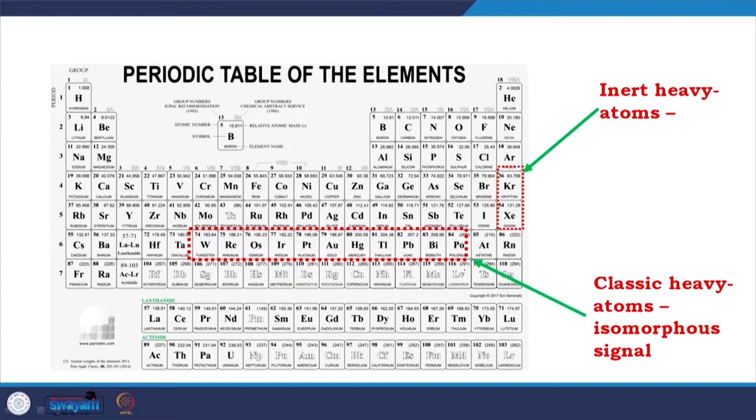So, you could easily see that these are much higher in electron number in comparison to carbon, nitrogen, oxygen, which are present in a normal protein. I add phosphorus and sulfur also, because as we know, sulfur is present in cysteine and methionine, and phosphorus is present in phosphomodified proteins.